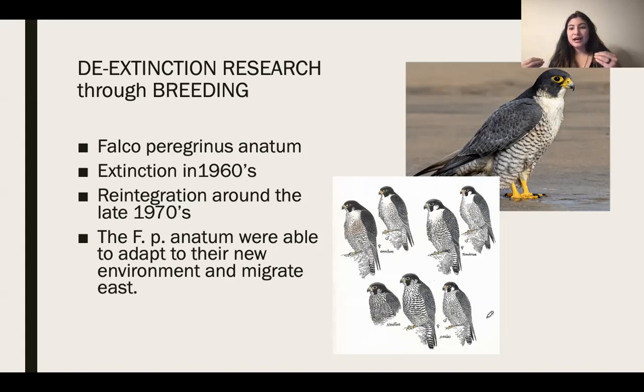This genetic mixture allowed the environment to select the most successful genotypes and phenotypes, which later led the anatum to adapt to their new environment and migrate east and to the Midwest, where 5 out of the 7 subspecies that were released made a new contribution to the new population.